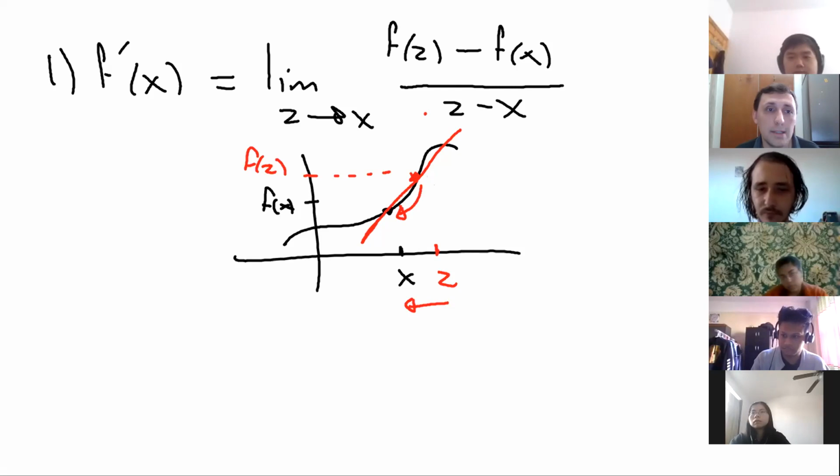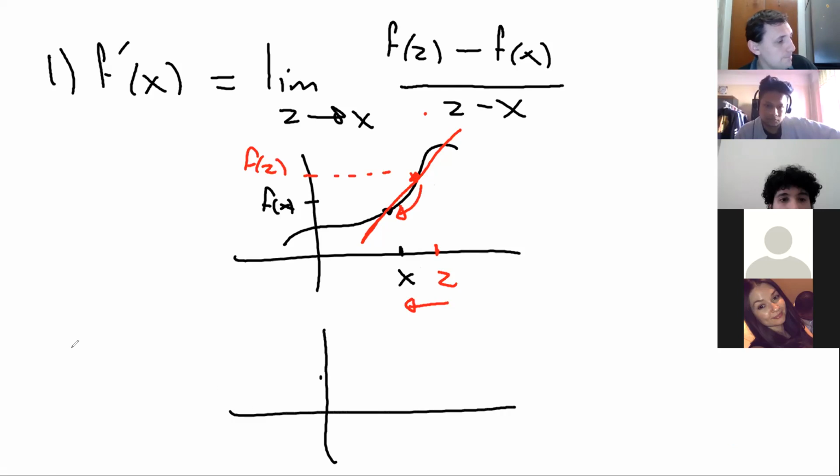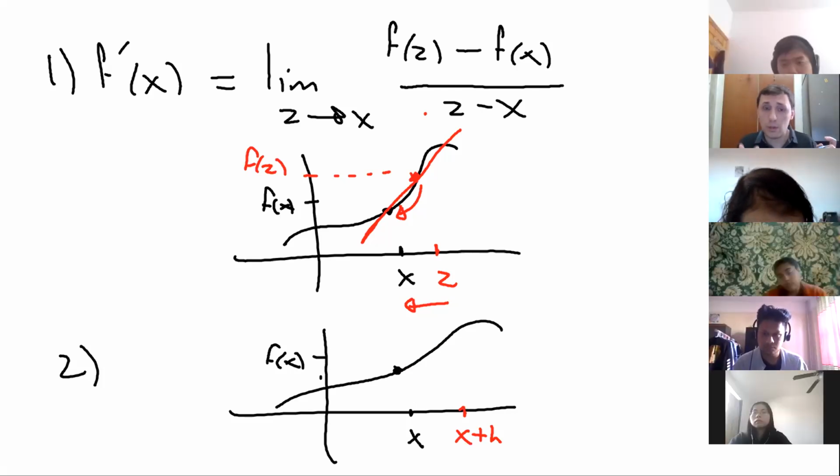Now, that's just a matter of language. How can I describe this point being close to x? Here we have the same graph. Here is the point x, f of x. I want to emphasize that the point I pick is very close to x. So it's x, but imperfect. I can call this point x plus h, where h is the impurity, the perturbation. H is a small thing that makes it not x.